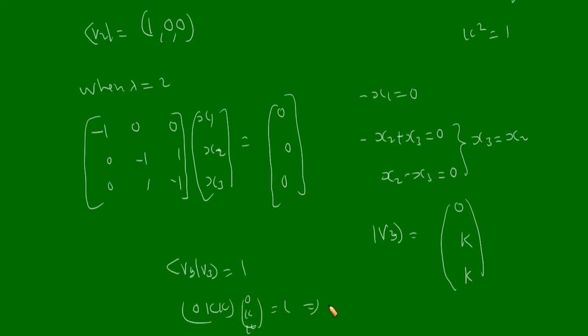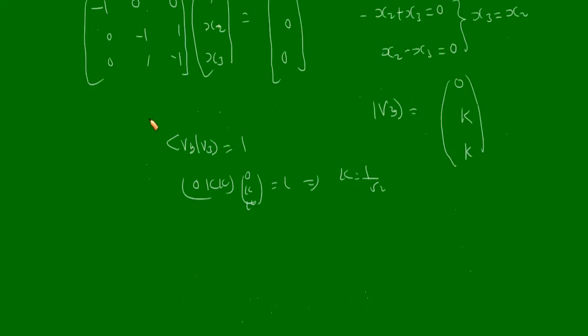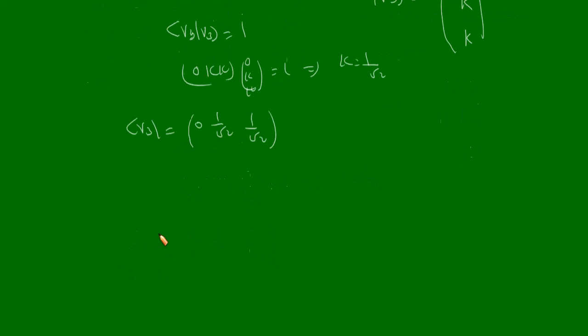So that means 2k square is equal to 1, k is equal to 1 by root 2. So the next eigenvector R3 can be taken to be R3 is equal to 0, 1 by root 2, 1 by root 2.